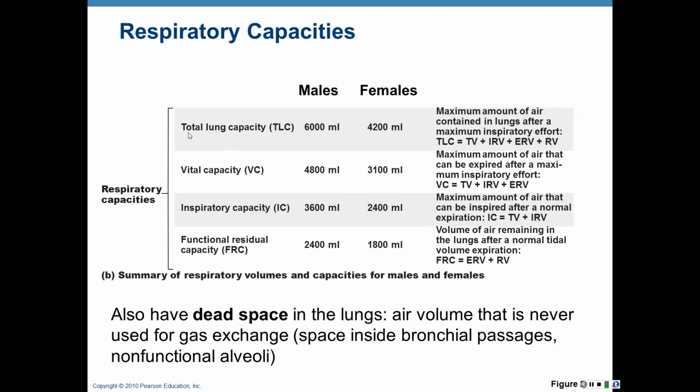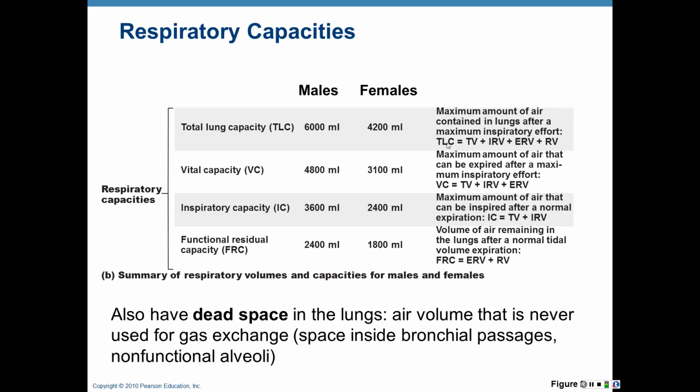Your total lung capacity, or TLC, refers to the maximum amount of air that can be present in your lungs. And that's going to occur after you make a maximum inspiratory effort, so the deepest inhale possible. That is 6,000 milliliters in a male and about 4,200 milliliters in a female.